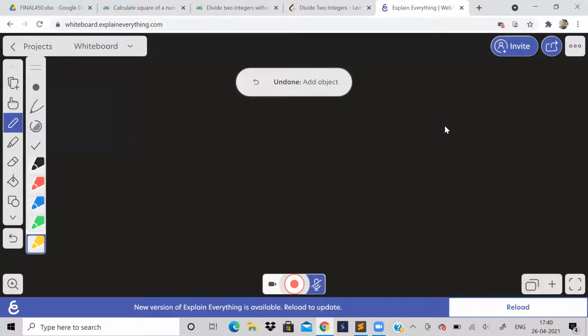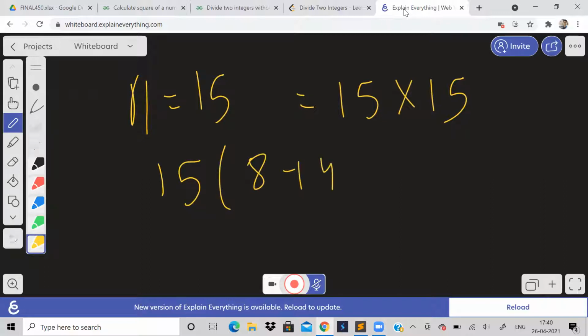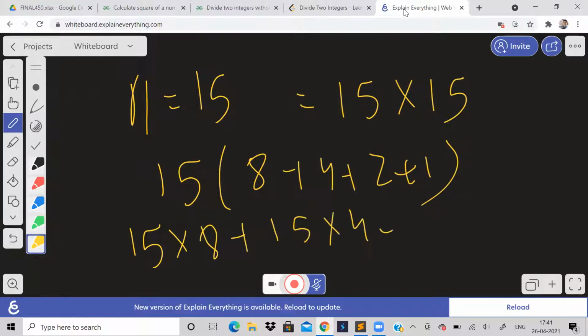If n is equal to 15, you want to find out 15 into 15 without using multiplication operator. We can write 15 as 8 plus 4 plus 2 plus 1, and we can also write it like this: 15 into 8 plus 15 into 4 plus 15 into 2 plus 15 into 1.